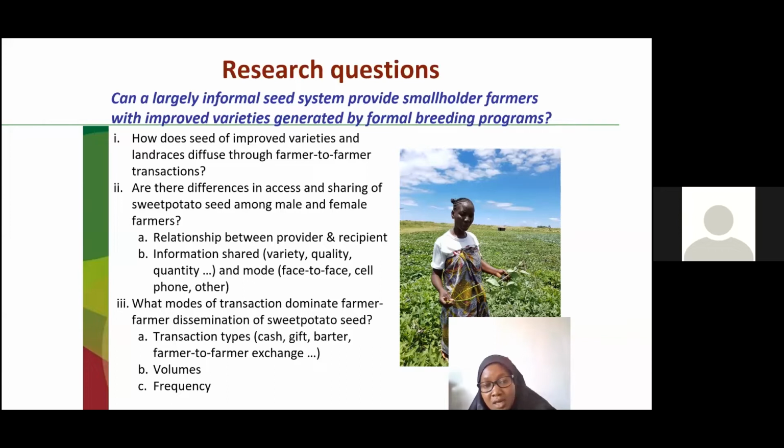Here, we looked at the relationship between provider and recipient, as well as information sharing, including variety, quality, and quantity. And then we also looked at what mode of transaction dominates farmers' dissemination of sweet potato seed. Here we asked about transaction type, volume, and frequency.